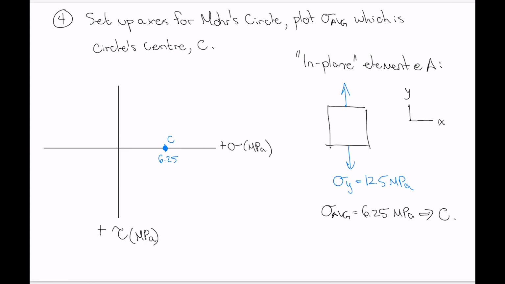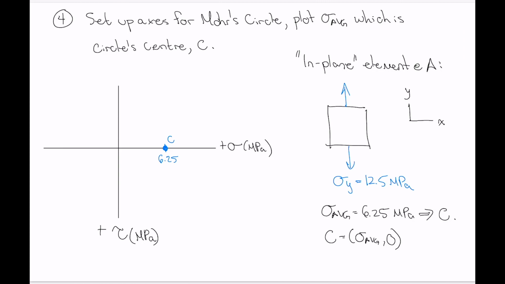So the center point is defined by coordinates of sigma average, comma 0, if you're thinking about the coordinates in terms of normal stress, shear stress. The center point of the circle is always sigma average, comma 0.